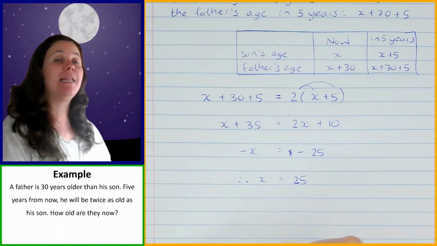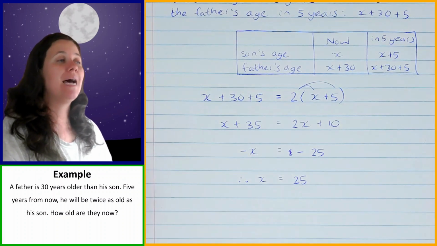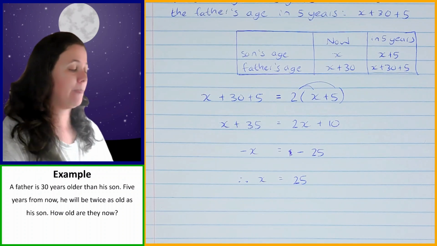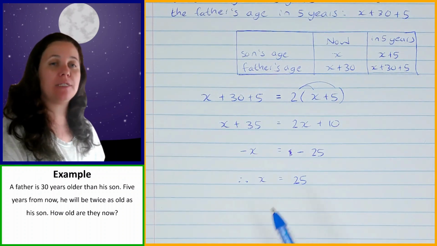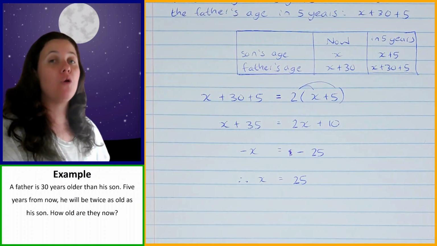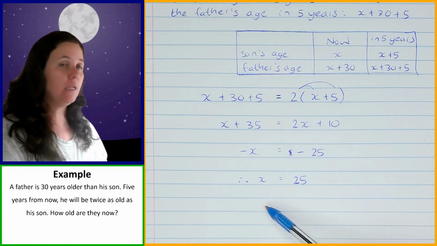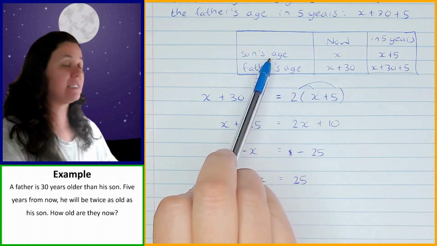Okay, now the next thing I need to do is I need to go and answer the question. So the question was, how old are they now? Okay, just leaving my answer like this, x equals 25. If somebody just looks at that, they're not going to know what x is supposed to be. You have to put it back into the context of the question. So the question is, how old are they now? So x, we said, was the son's age.